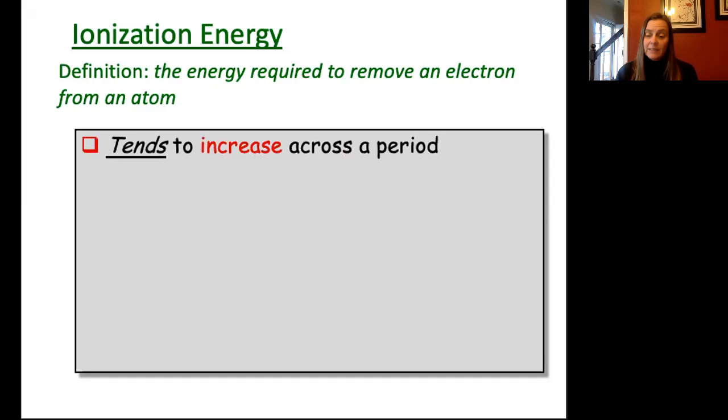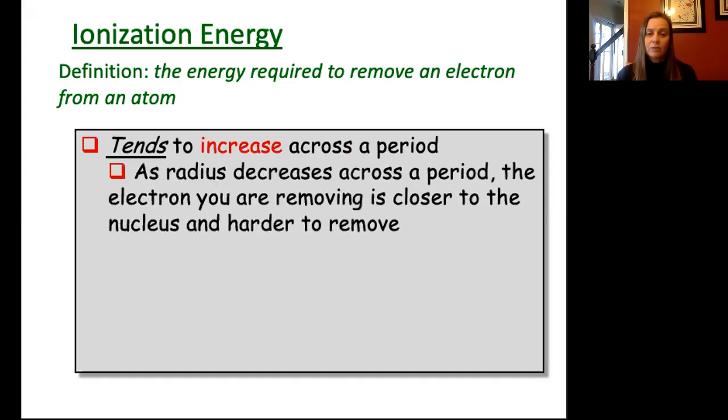It generally tends to increase across a period because as we're going across a period and we're adding those additional protons, the radius is decreasing. So that means those outermost electrons are actually closer to the nucleus and therefore they're harder to remove. So you can think of this kind of the same way you think of bringing two magnets close together.